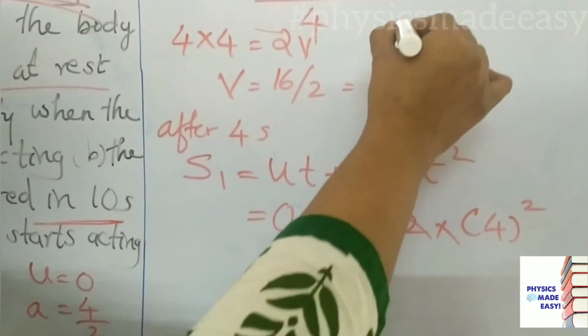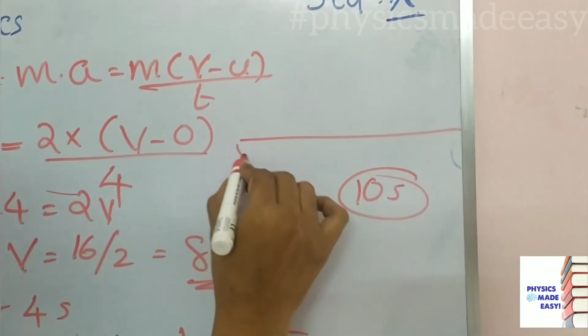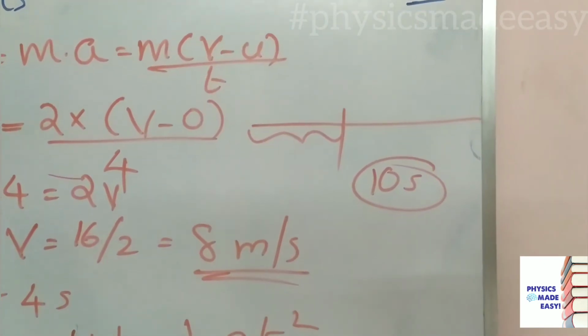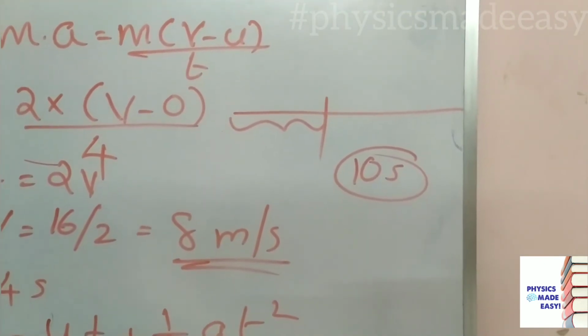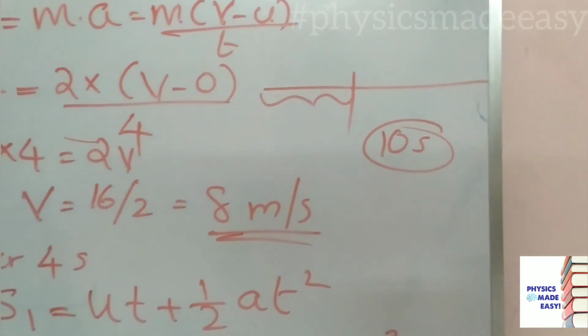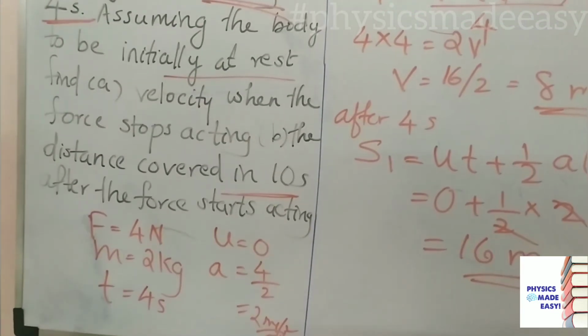Children, here the total time is given as 10 seconds. After that 4 seconds the force is stopped there. Then after that how much distance that object travelled also we have to find. That means we have to find the distance covered in 10 seconds after the force starts acting.